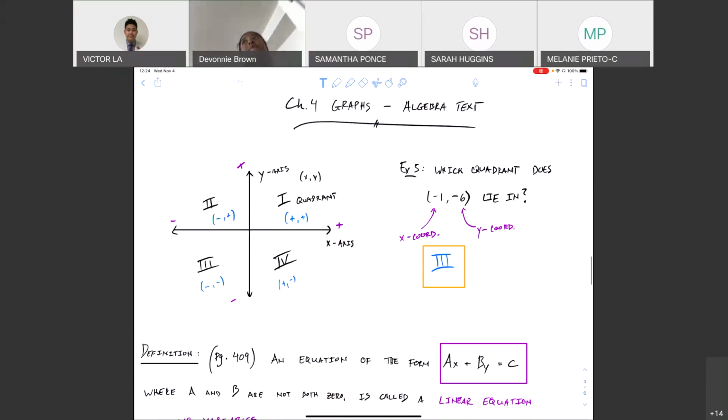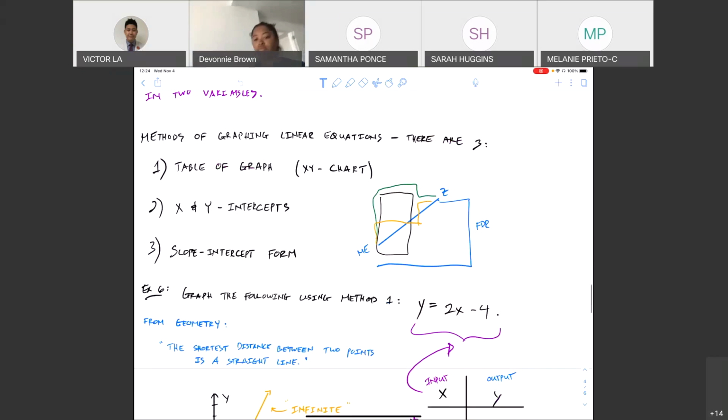And then the fact that we have 3 ways to graph: a table of graphs, X, Y intercepts, and slope intercept form. Normally I would blast through all 3 ways to show people how to do it, but I think it confuses people a little bit too much, right? So what do we do instead?